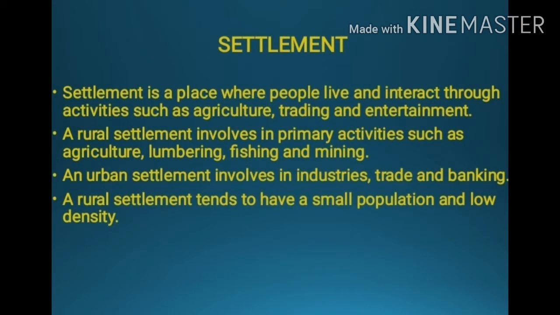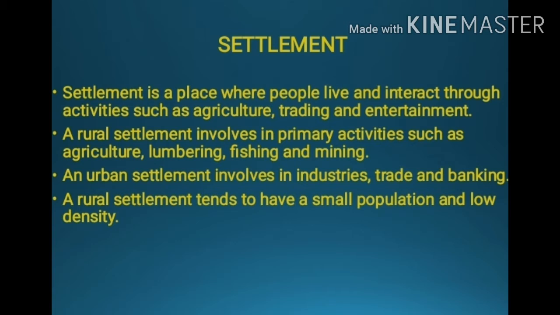So, the word settlement itself tells us in which particular place people have settled and what the major occupation of the people will be. Settlement is a place where people live and interact through activities such as agriculture, trading, and entertainment.